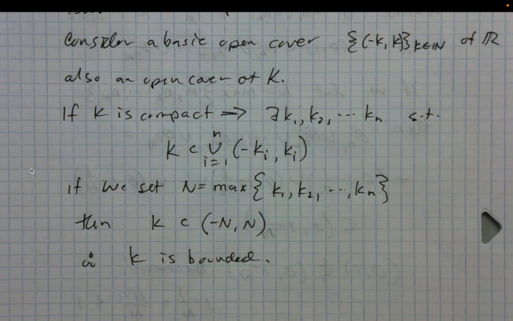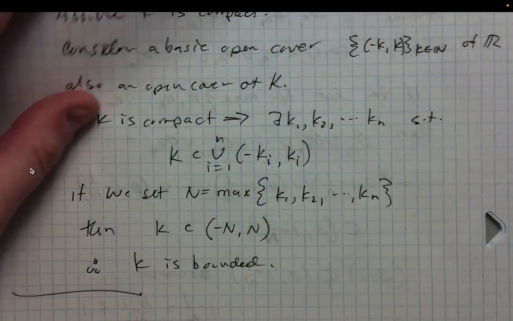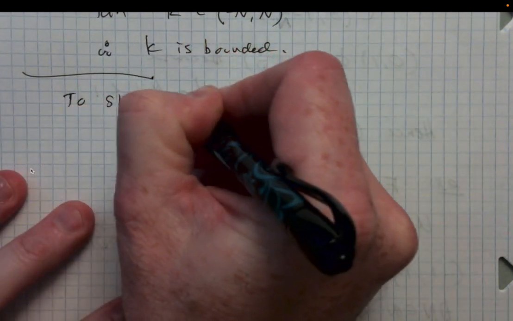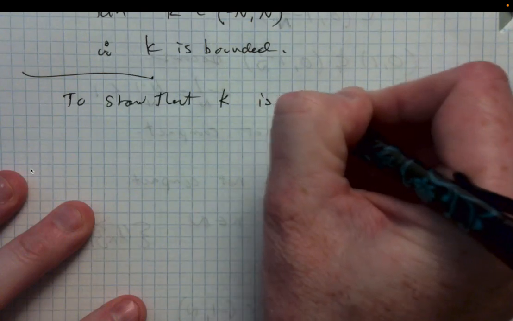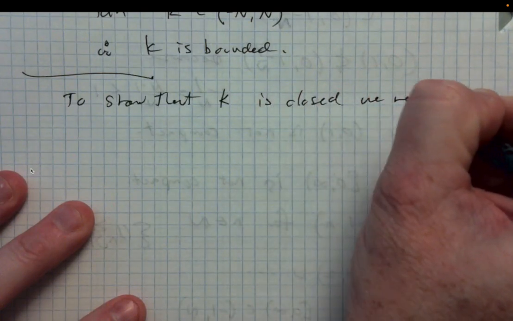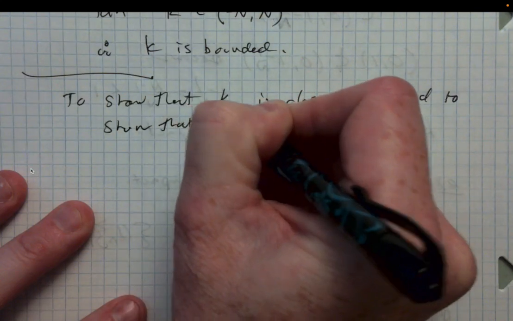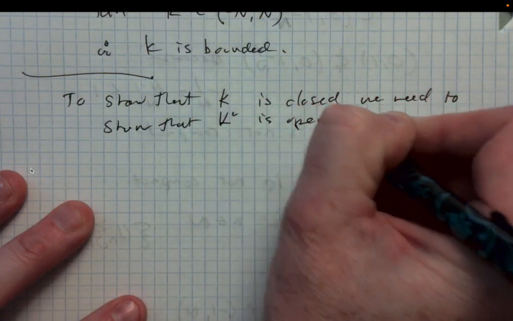Now, how can we show that K is closed? Okay. So how do we show that K is closed? Well, remember, to show that K is closed, we need to show that K complement is open.